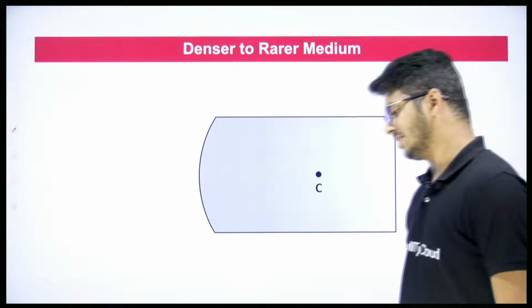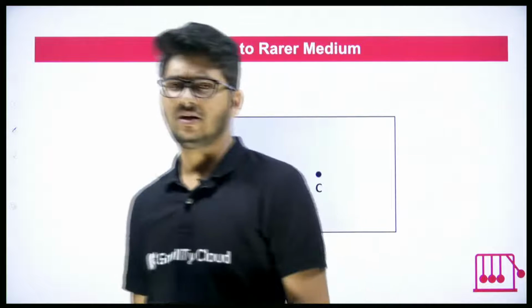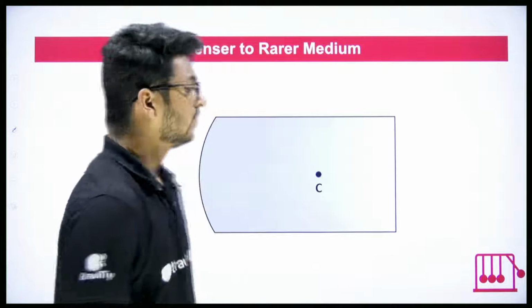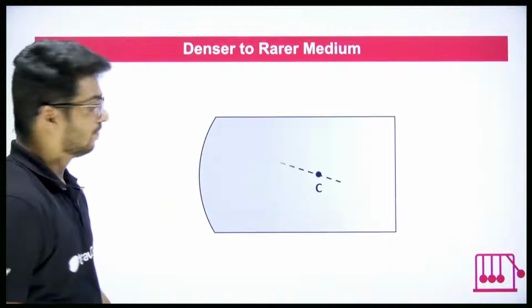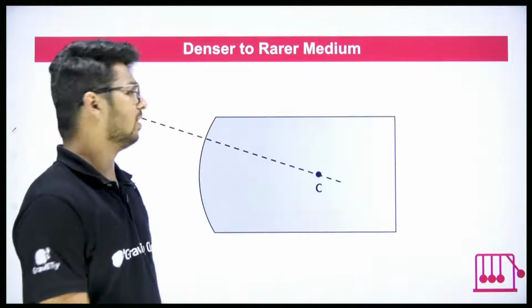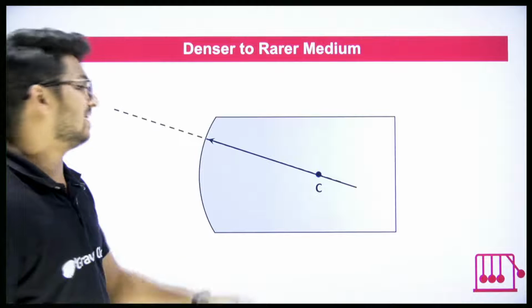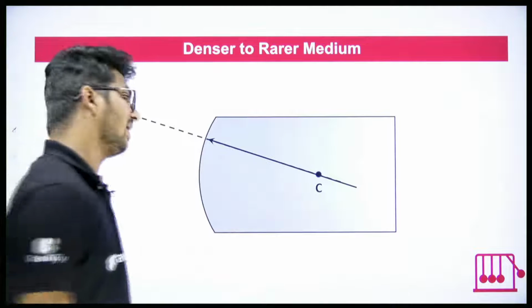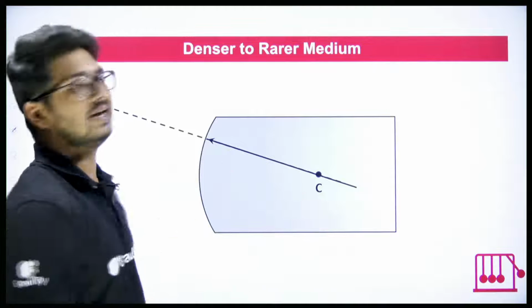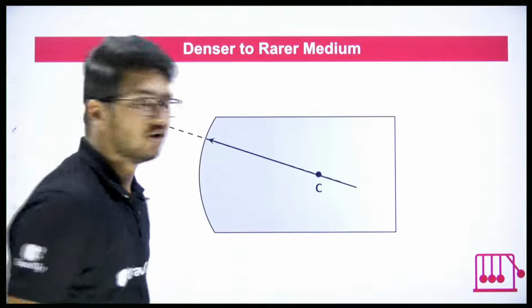Now we'll go into the case of denser to rarer, because until now we discussed different cases, but all of them were from rarer to denser medium. But now let's go into this. Here, let's say the normal passes through the center. This is a normal. If a ray is incident along the normal, what is this case called? The incident ray is incident along the normal.